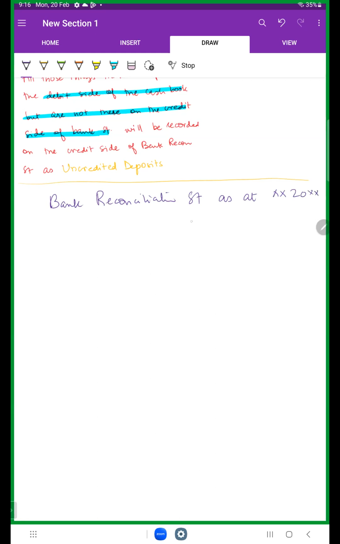Yes. And there are two columns or one column? Usually it depends, but we go for one column as well. So if I am writing the bank balance on top, I'll add uncredited deposits.